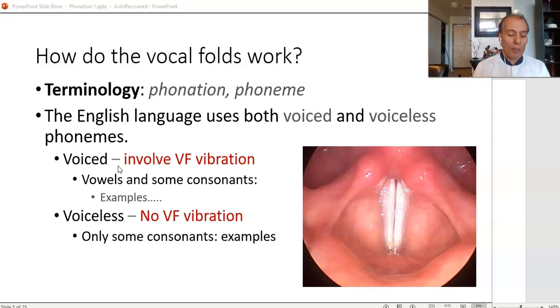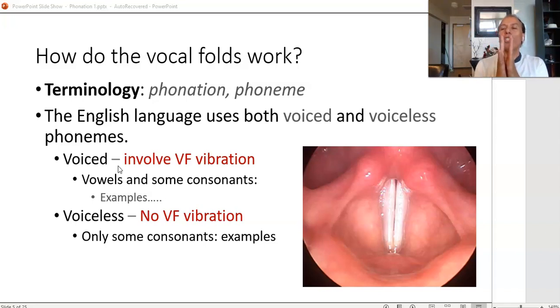So, as a rule, voiceless sounds have a single source of articulation, and most of the voiceless sounds are produced in the oral cavity, except for a couple of voiceless sounds that are produced by the vocal folds themselves when they come close, but not close enough to vibrate, as in high.